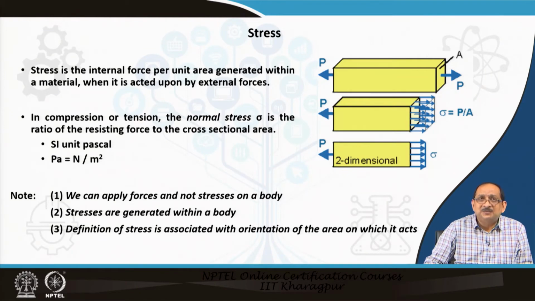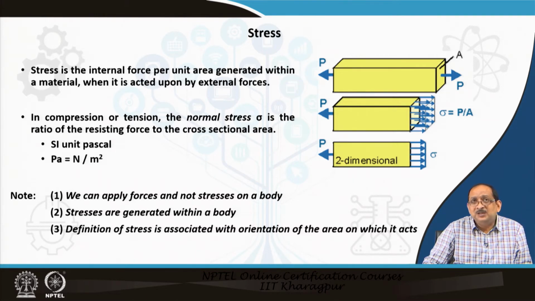How do we define stress? Stress is the internal force per unit area generated within a material when it is acted upon by external forces. In compression or tension, uniaxial of course, the normal stress sigma is the ratio of the resisting force to the cross-sectional area as shown in the slide.